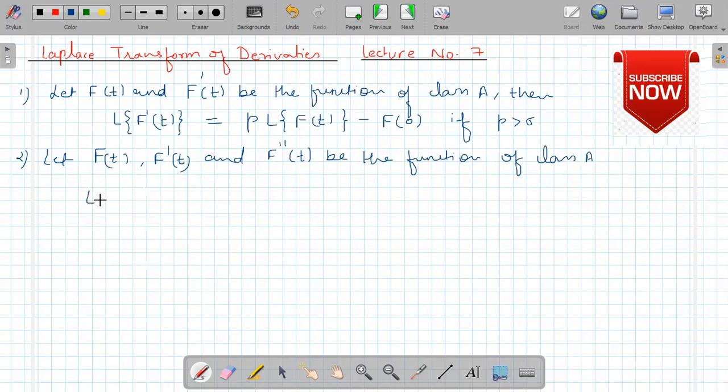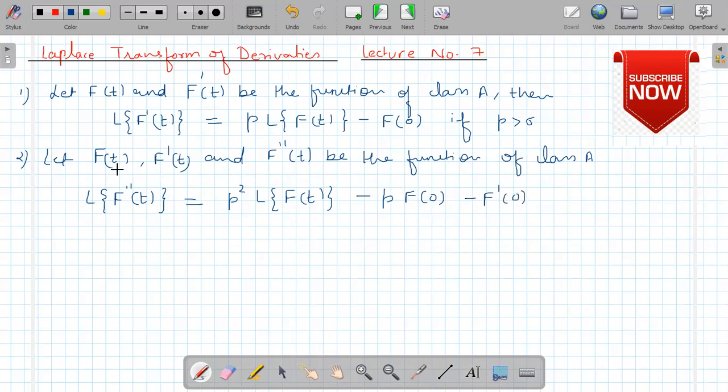So we can define the Laplace transform of f''(t), which is the second derivative of the function f(t), defined as p square into Laplace of f(t) minus p into f at 0 minus f' at 0.